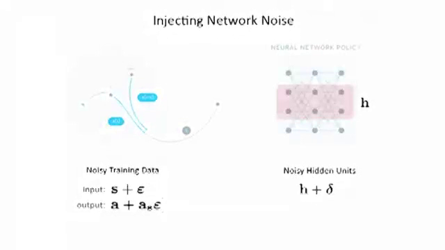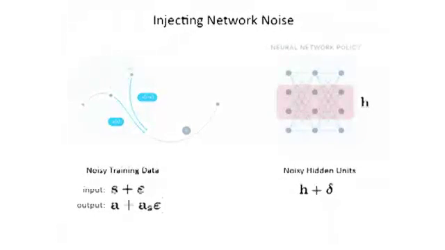So for example, I'm at a state S and I know what to do there, but if I suddenly deviate or drift to another nearby state, S plus epsilon, I need to be able to make an adjustment on what to do in that nearby state.